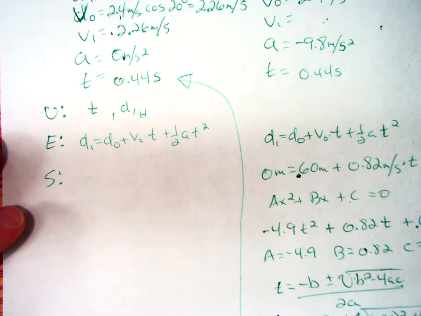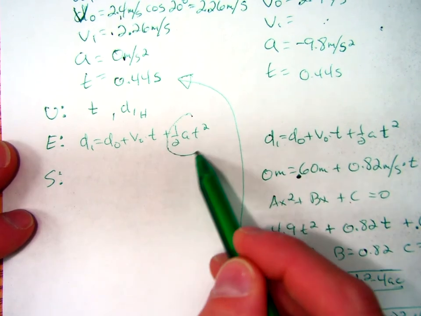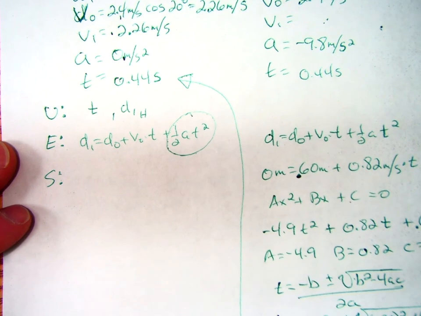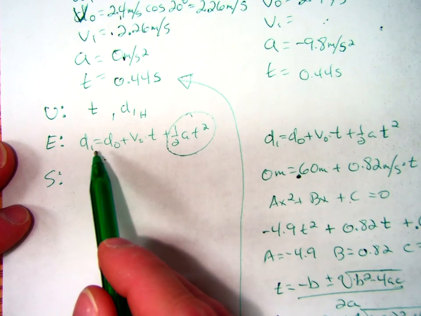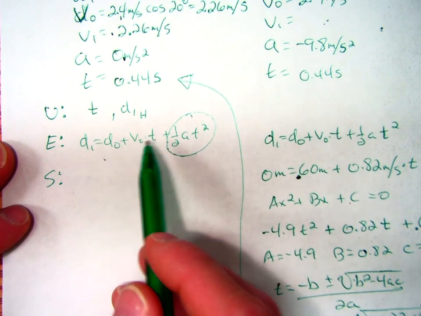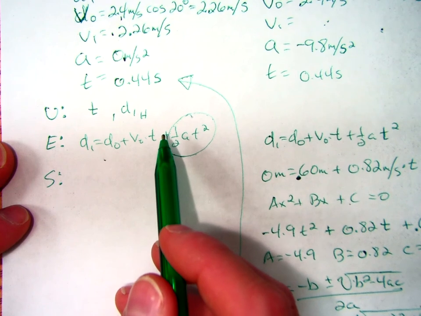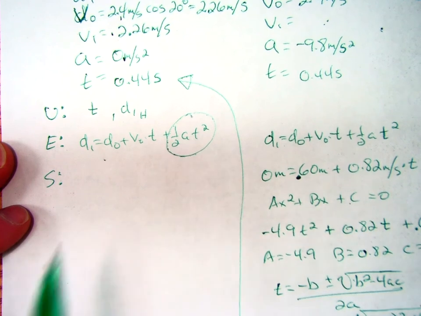Notice the last term is 0. When A is 0, that whole term is 0. So we really just have D1 equals D0 plus V times T, which is motion with constant velocity. It's a linear equation.